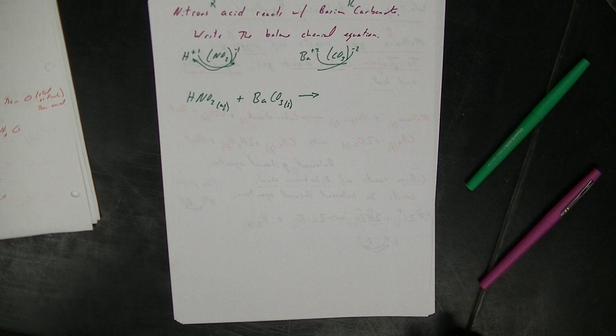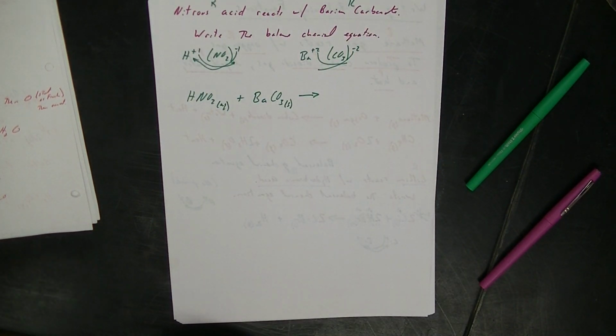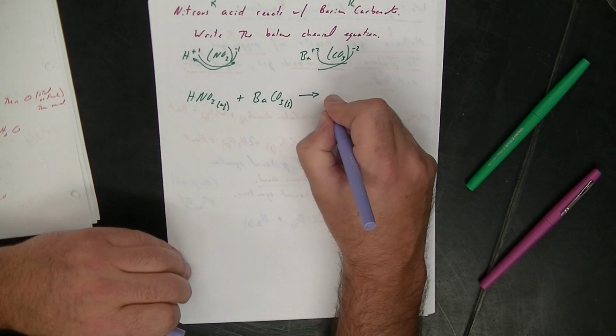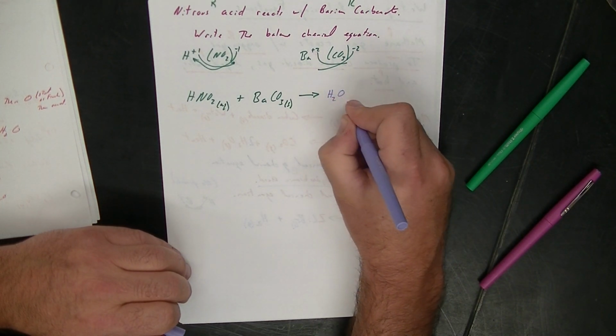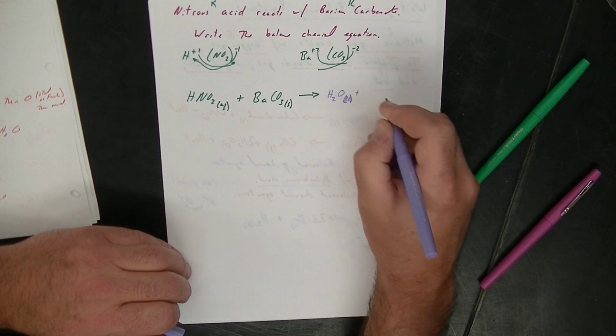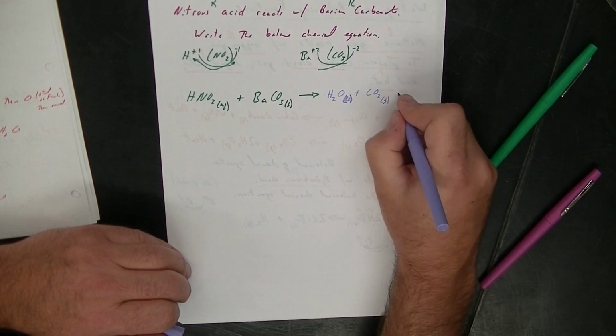Now, products. You have to recognize that this is an acid and a carbonate. And we said that acids and carbonates react to form water. That's in liquid phase. Carbon dioxide in gas phase.